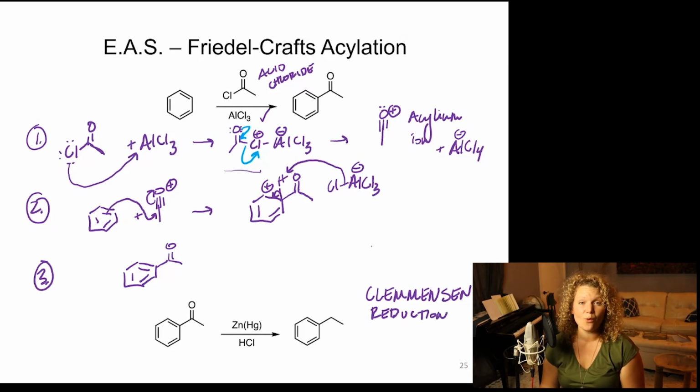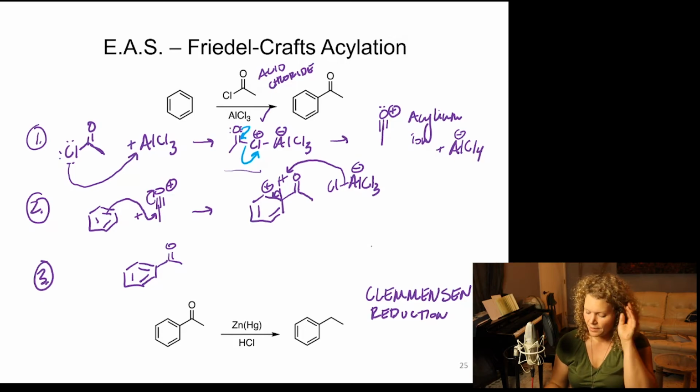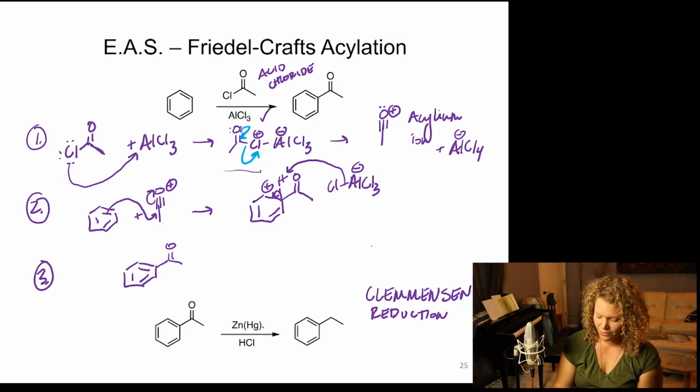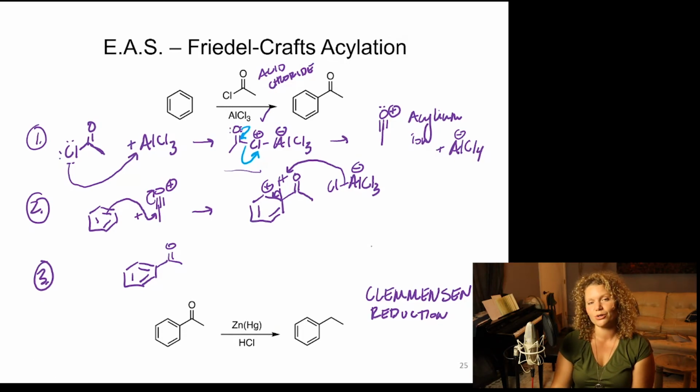We won't be going over the mechanism of this. Here, what you'll see is we use a zinc-mercury amalgam. It's kind of an older term for when you have this mixture of metals that we use. In the presence of HCl, you will remove the oxygen of this carbonyl here.